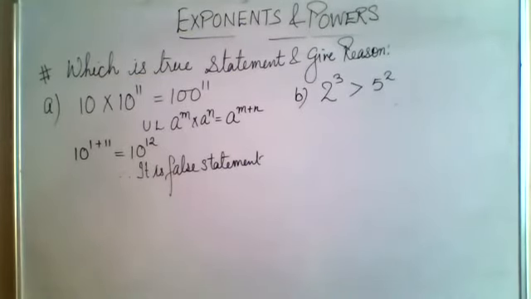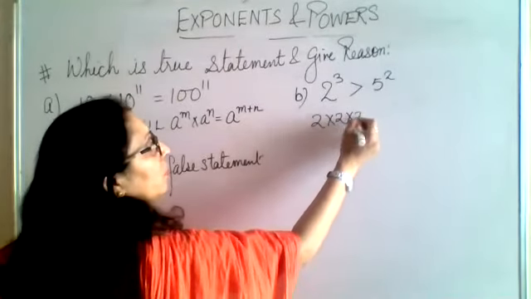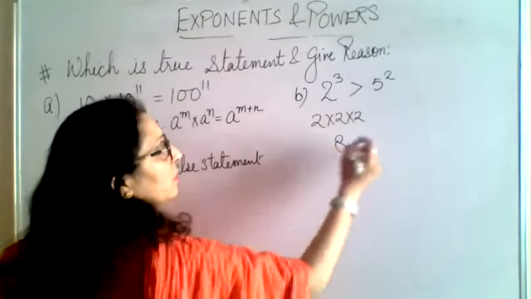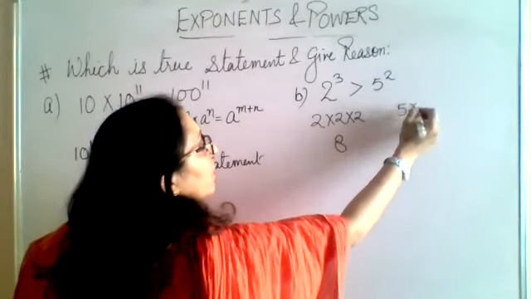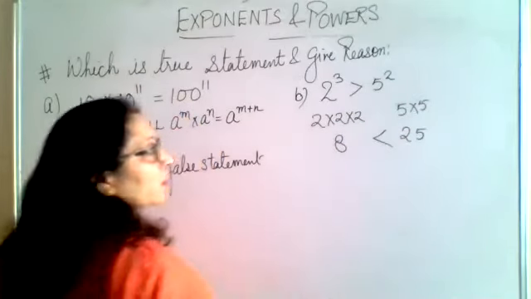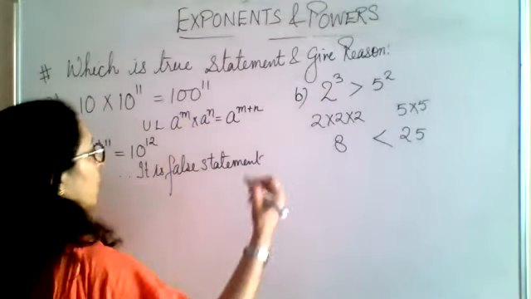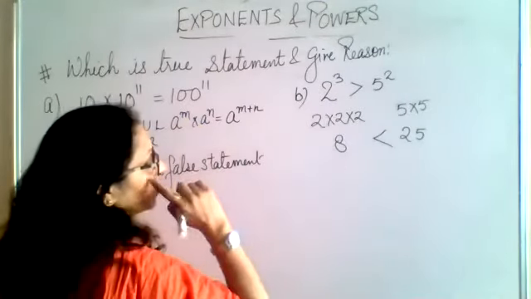If you do this, 2 into 2 into 2, it will come 8. And 5 into 5, it will be 25, which is greater. So again, this statement is wrong.